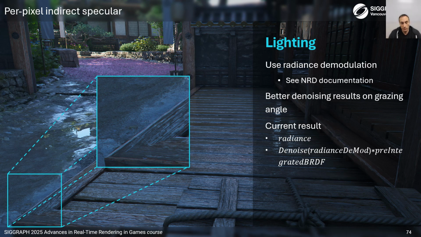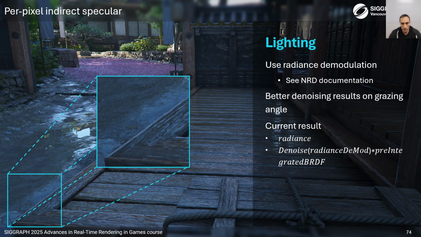Also, it's much more difficult to denoise the specular result compared to the diffuse result, since the filter kernel that we're going to use is much smaller. The result will be much more difficult to denoise. So we use different techniques to help the denoising a bit. One of them is demodulation of the radiance result. We demodulate the BRDF part, as explained in the NVIDIA NRD documentation.